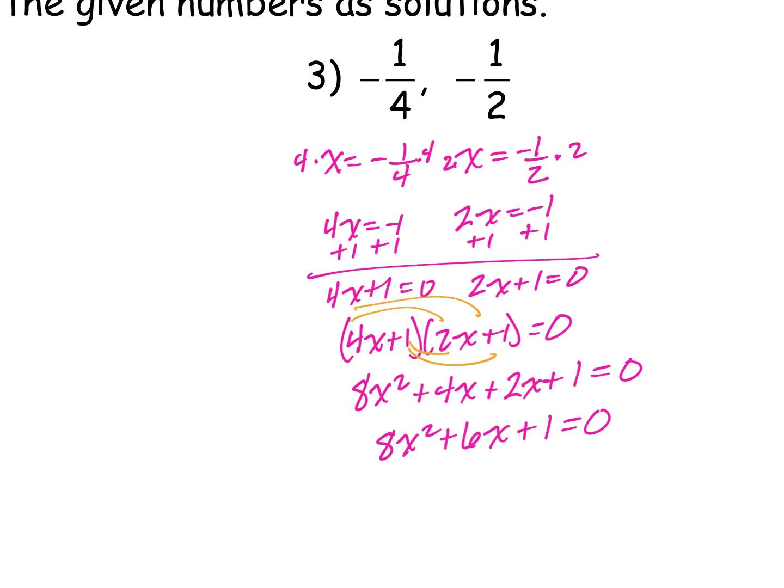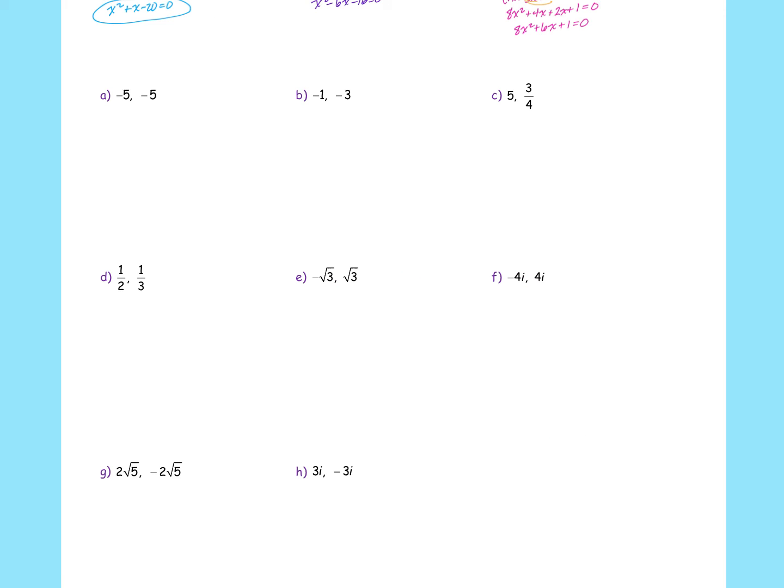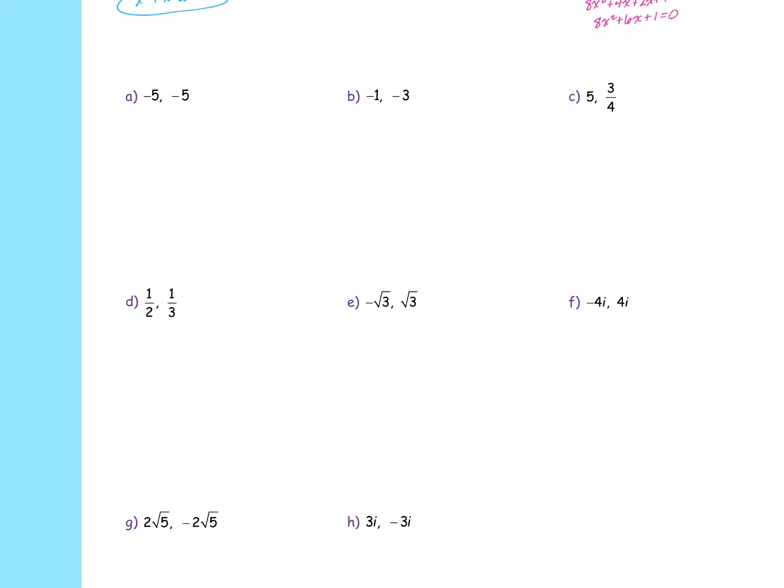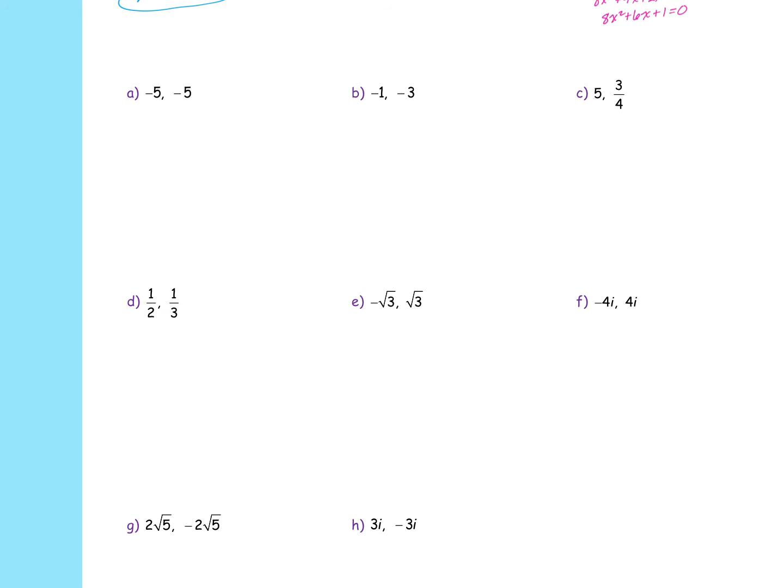Okay, so let's go ahead and talk about at least A through D, because most people have got answers for those ones. So A is x squared plus 10x plus 25, beautiful. And then B was x squared plus 4x plus 3.